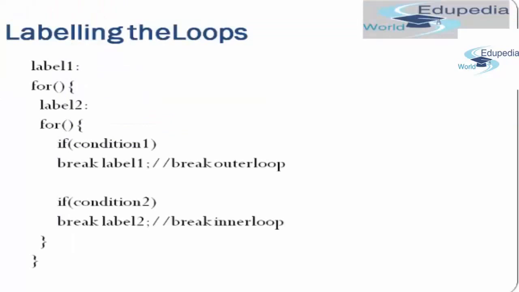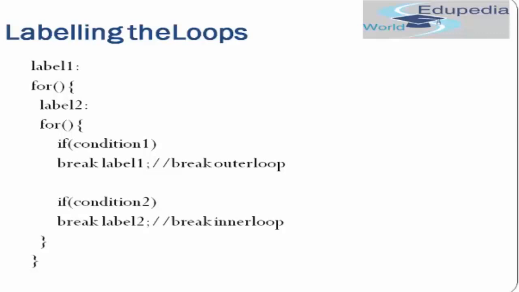Okay guys, so we are going to cover the last topic, that is labeling the loops. So you can also label your loops, right? There's a loop and I can name it. So labeling is kind of naming the loops, and why we need to label a loop is sometimes we can have multiple conditions within a loop and we want to break or continue from one particular loop.